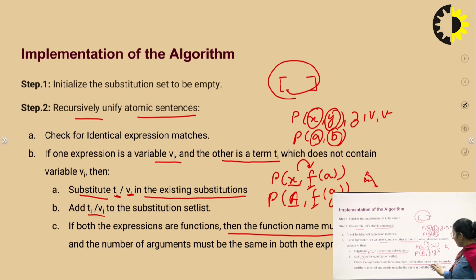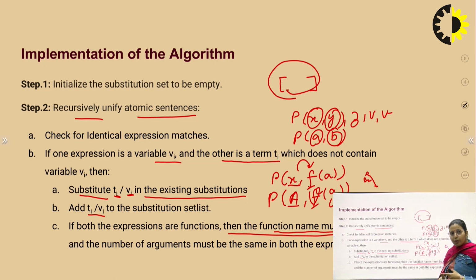If, in place of F, there is another function V, then these two functions cannot be unified. So make sure the function name is the same; only then can we do the unification.